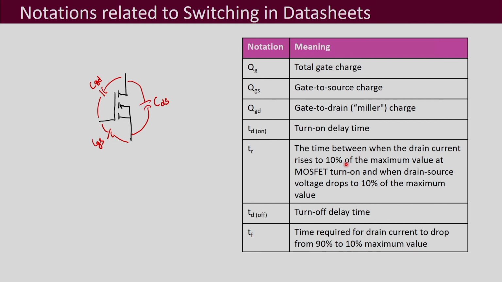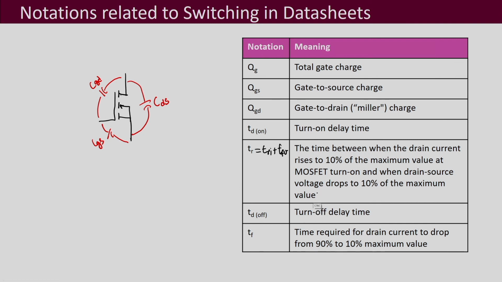also specified, and many of the application notes define it as the time between when the drain current rises to 10% of the maximum value at MOSFET turn on and when drain to source voltage drops to 10% of maximum value. So, that means this TR is the sum of what we just saw, your TRI plus your TFV.